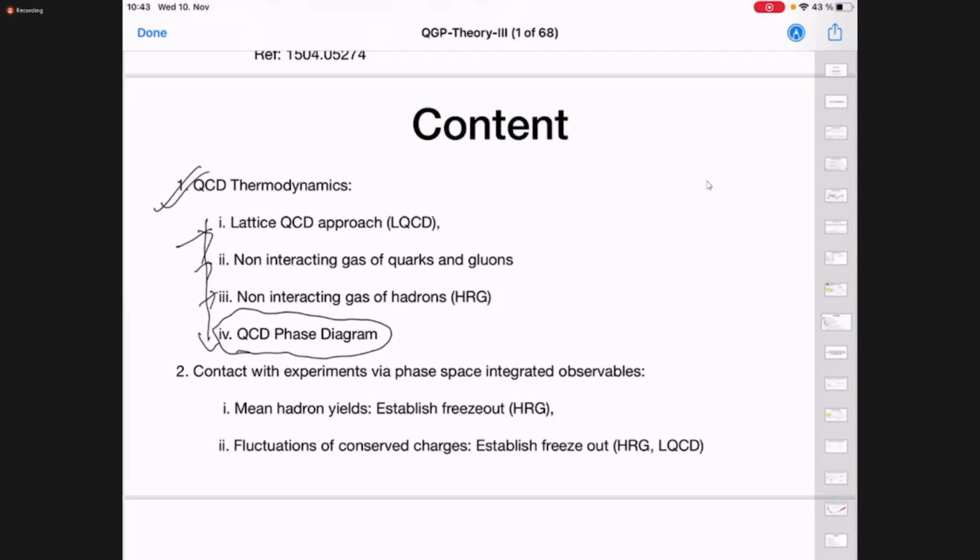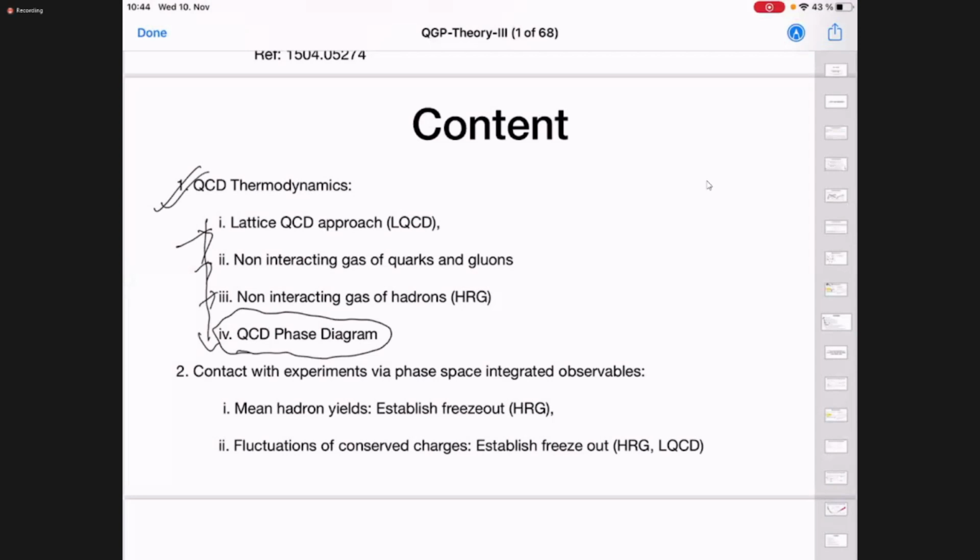looking at this QCD thermodynamics from the experimental point of view: how do we access it? Of course, you could ask whether a thermodynamic and chemical equilibrium is set up or not, right? That's a good question.